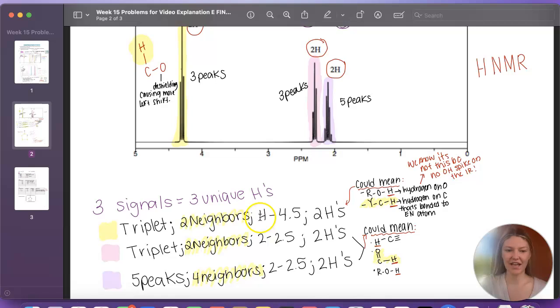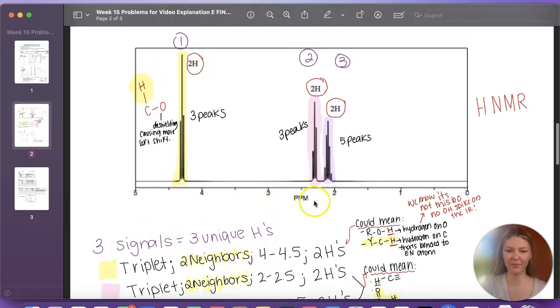From there, I looked at the actual ppm. The yellow one is 4 to 4.5 over here somewhere. That means it's going to be a hydrogen that's bonded to a carbon that's bonded to an electronegative atom.